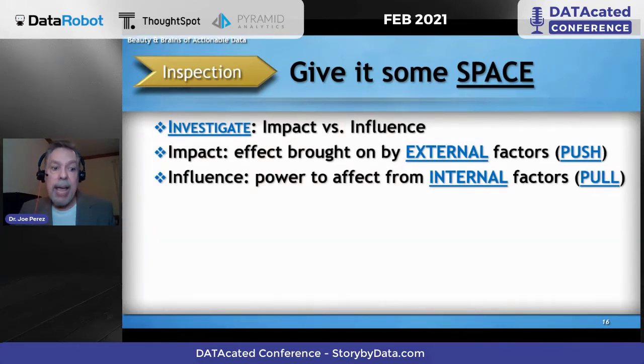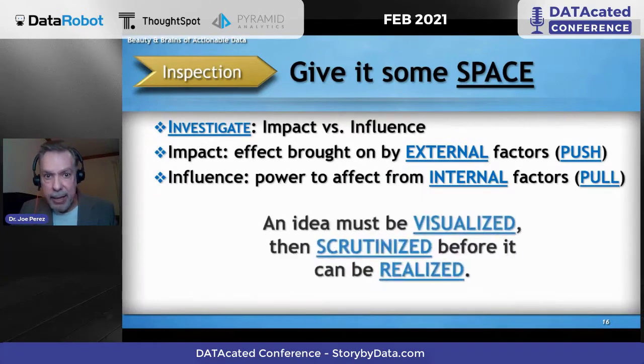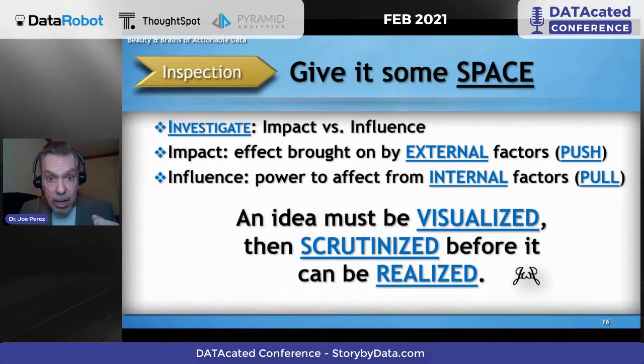You see the difference? Impact is external, tends to push, whereas influence is internal and tends to pull. Now, in this short format, we don't really have time to go into any details, but to put it bluntly, an idea must be visualized, then scrutinized before it can be realized.